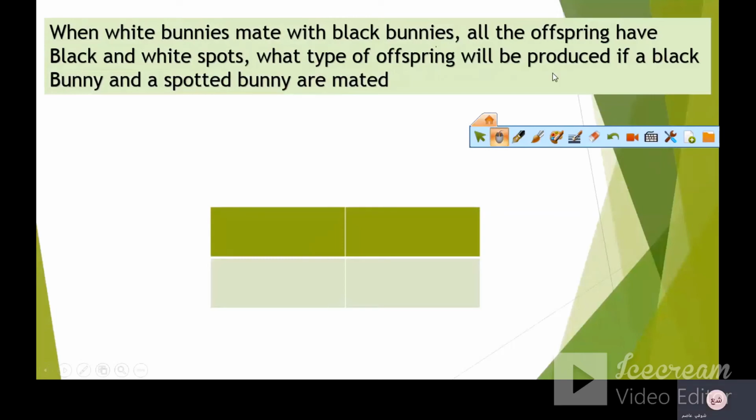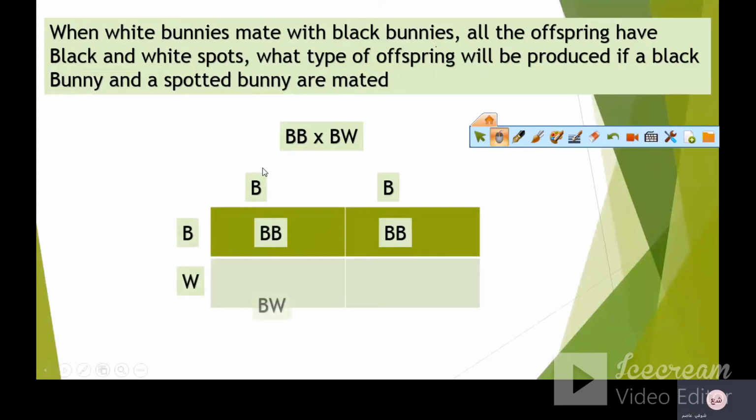Let's symbolize the black as BB. Sure, the spotted one will be Bb. It's a codominance, so it's a spotted one. Let's put it here on the Punnett square. Let's complete it as I told you.